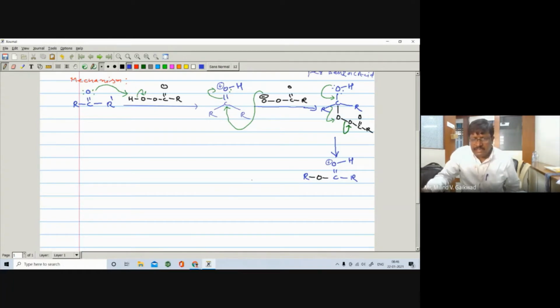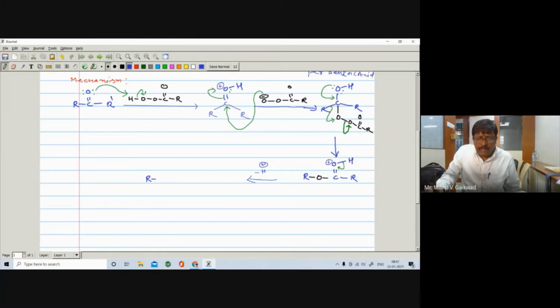In the next step, we have to remove H plus. There is a deprotonation. There is a removal of a proton. How? This sigma bond will open on the oxygen, neutralization of the positive charge, and oxygen regains its lone pair. So you are getting such a type of product, and you are having R, right?